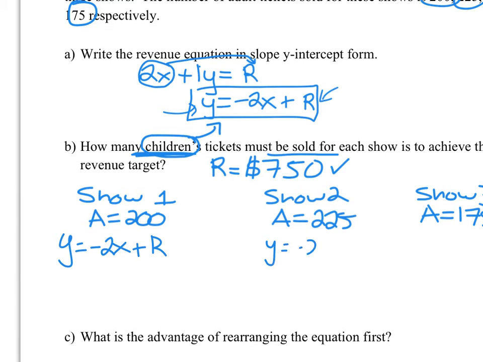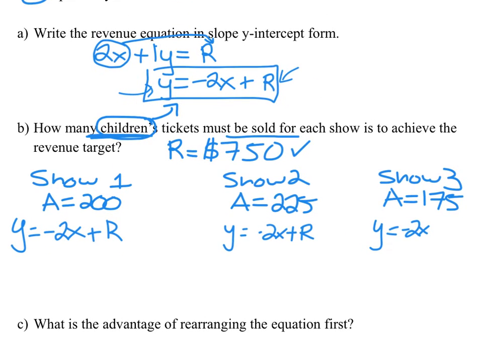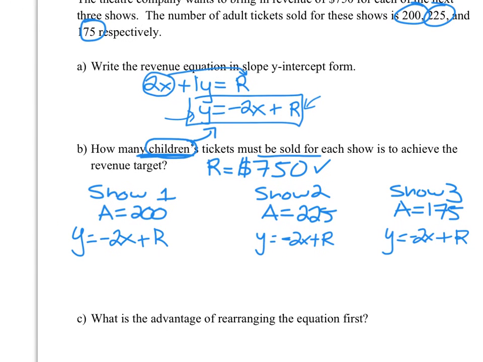I'll write that formula down for each of the 3 shows. And then we can begin to replace our variables and solve. So y is equal to negative 2 times x.